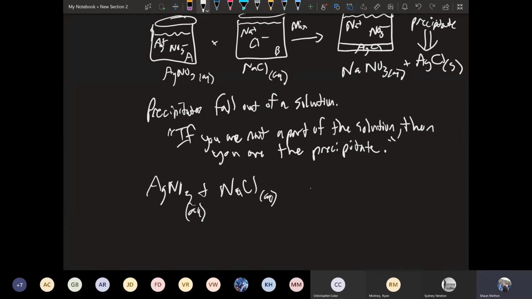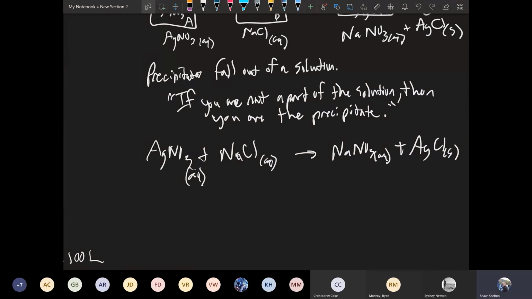AQ stands for aqueous. It forms NaNO3 plus AgCl solid. Now the nice thing about this is that these are a 1 to 1 to 1 to 1 ratio, so this is a balanced equation right off the bat.